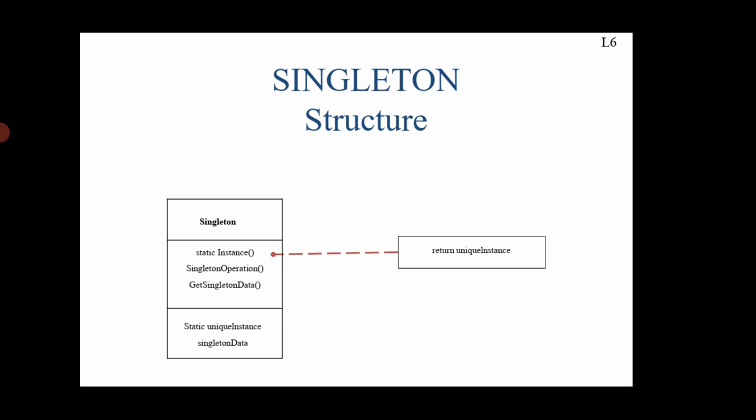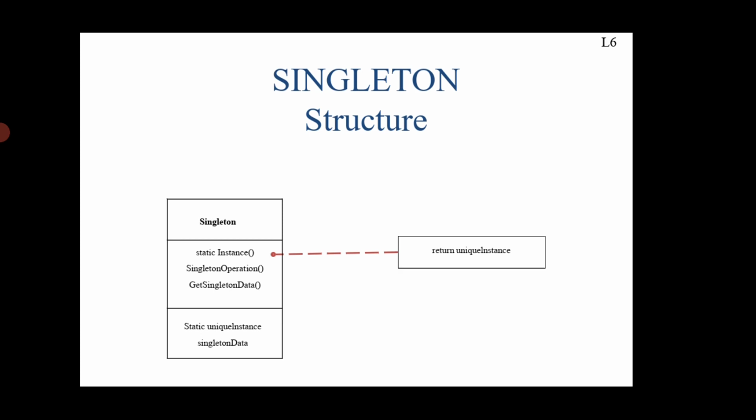We need to return the static instance, the unique instance. Unique means only one. It returns the unique instance, and there is one more data member, and then the methods and operations: static unique instance and singleton data.